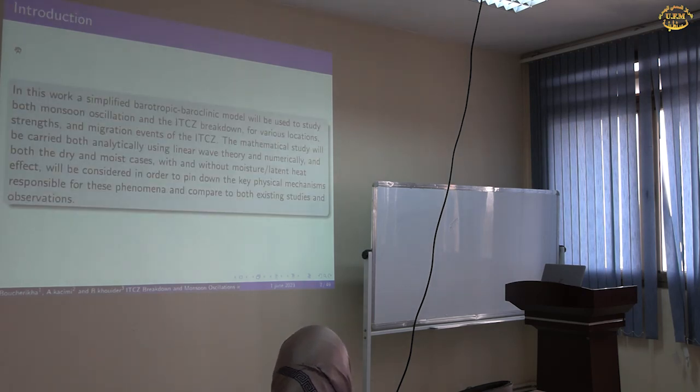In this work, a simplified barotropic and baroclinic model will be used to study the Madden-Julian oscillation and the intertropical convergence zone. The mathematical study here will be carried out analytically, using the linear theory, and numerically.